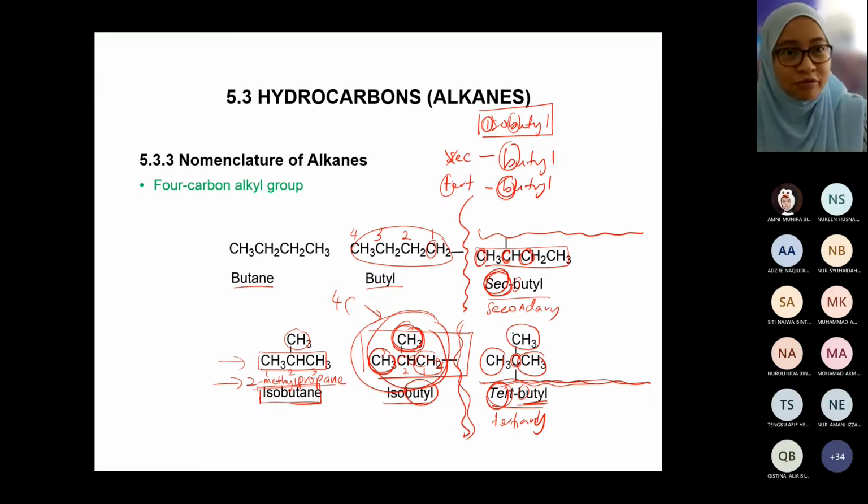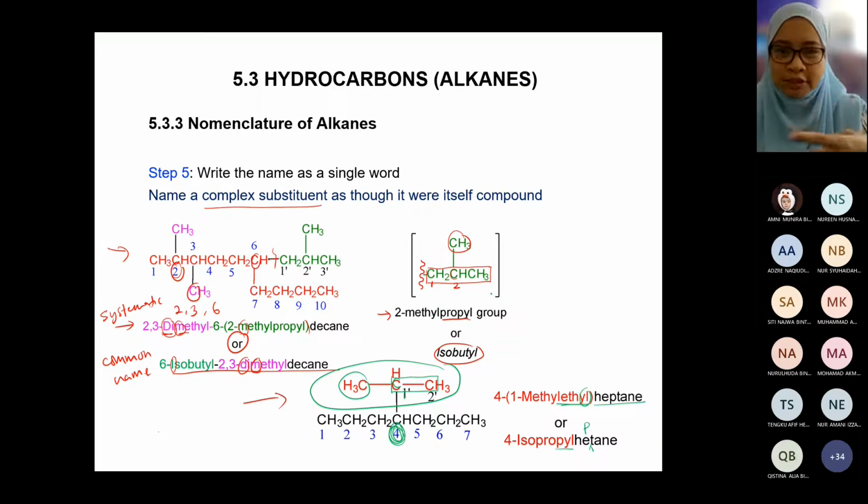If you don't know what sec butyl is, how will you draw the structure? But if it asks you to name the compound, you have 2 options. You may use the systematic style, or you may go for the common names.